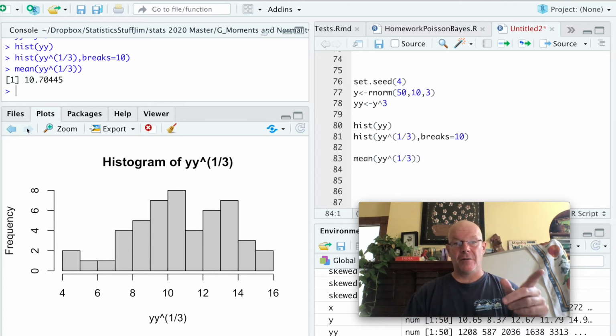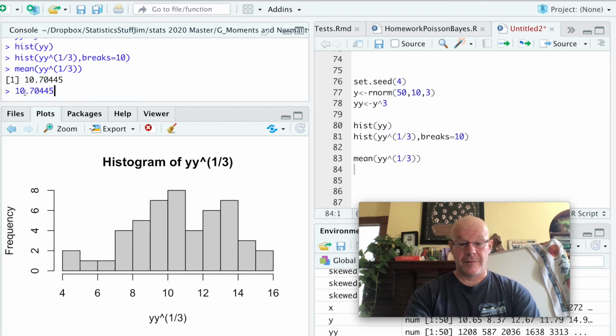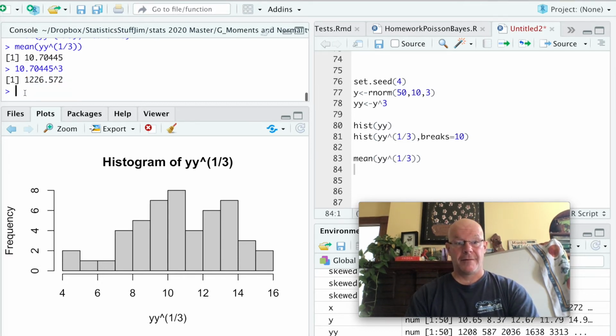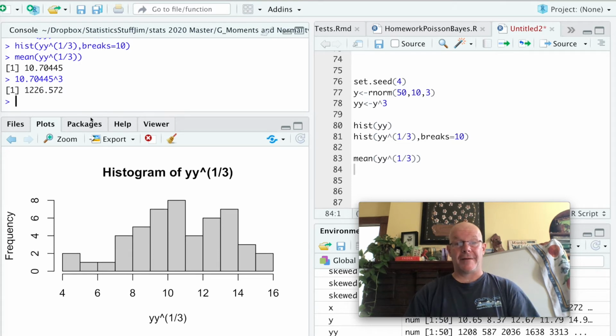Because right now we are in cube root units, which is 10.7. And so if we were to take 10.7 and cube it, that's what we would say that the mean is of our data based upon our transformed data.